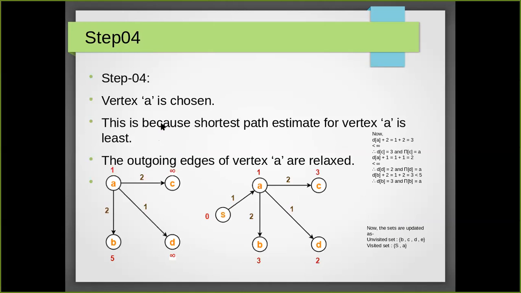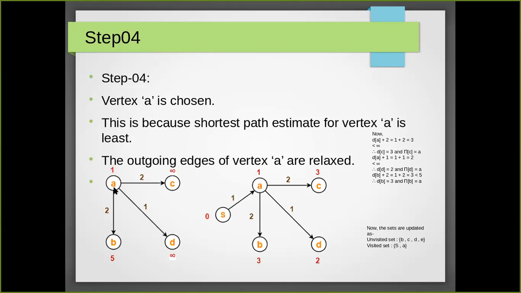From A, you analyze the connected components. The connected components are to C at a cost of 2, to D at a cost of 1, and to B at a cost of 2, right? Now you have to find, with the knowledge of A, whether the distance to all these changes or not. I've shown the calculation here.